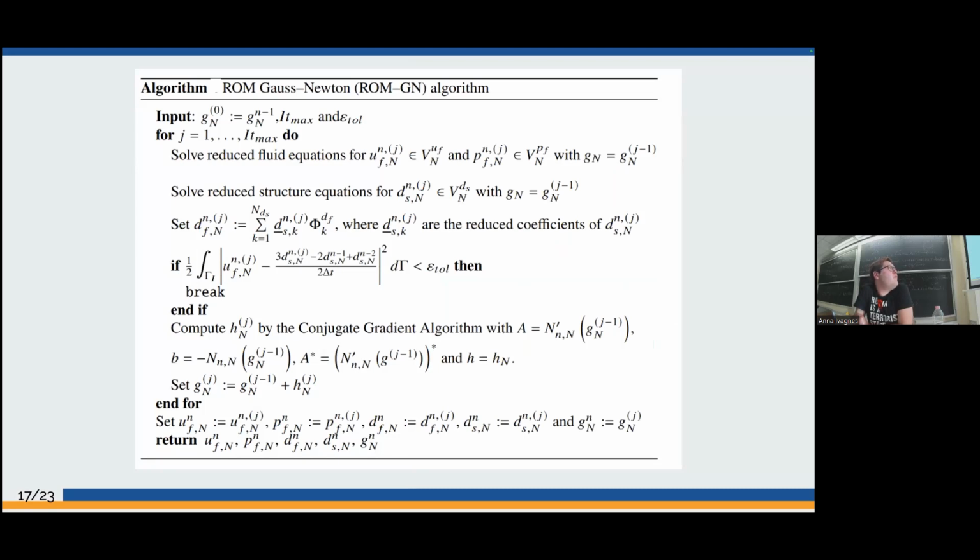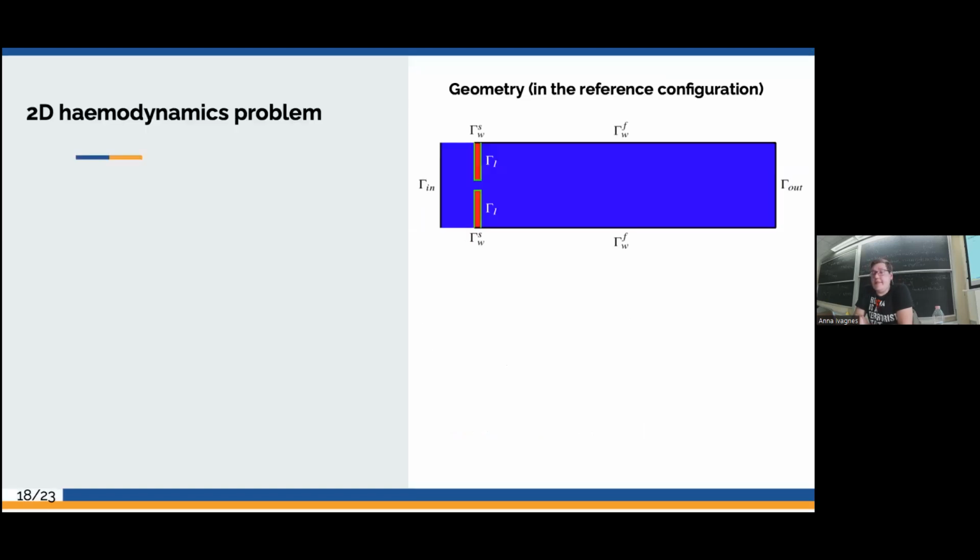The main difference here, as I mentioned, is that instead of solving the harmonic extension in order to obtain the fluid displacement, we just use the reduced coefficient for the structure displacement, and we obtain the fluid displacement as a span of these fluid displacement basis functions. This is basically okay.